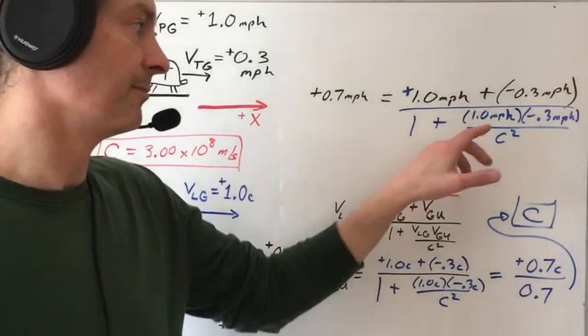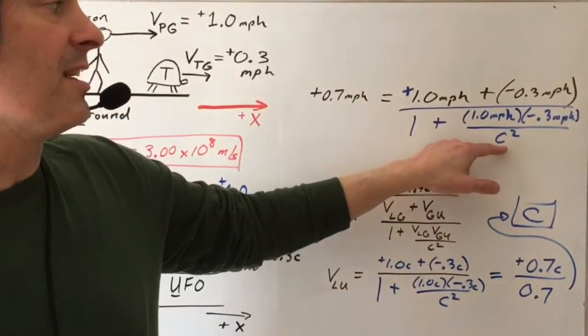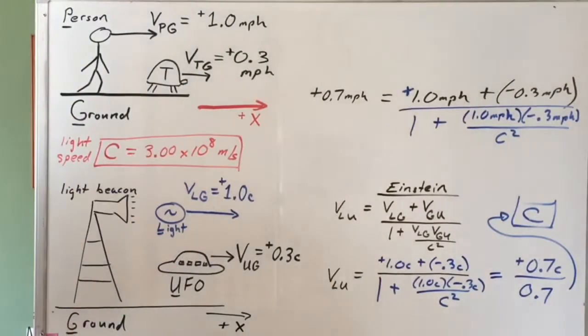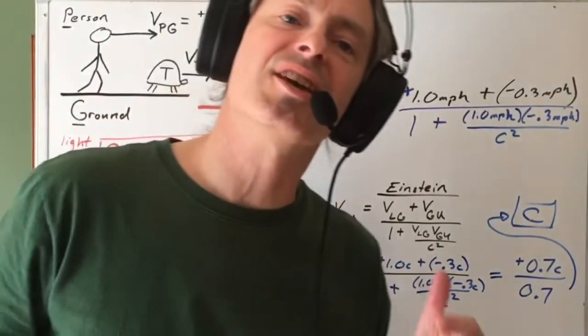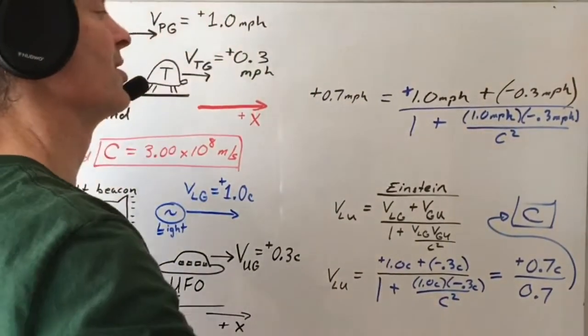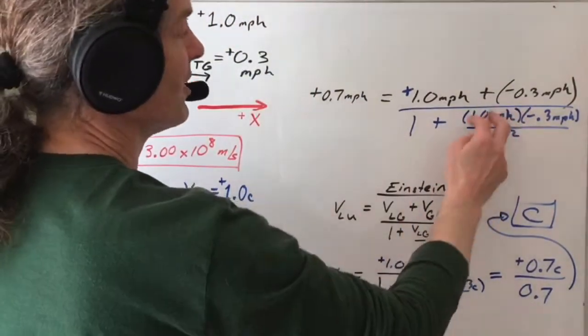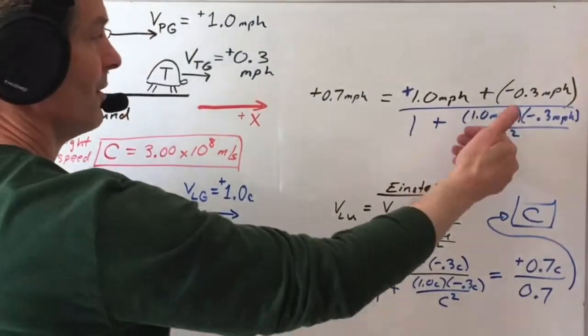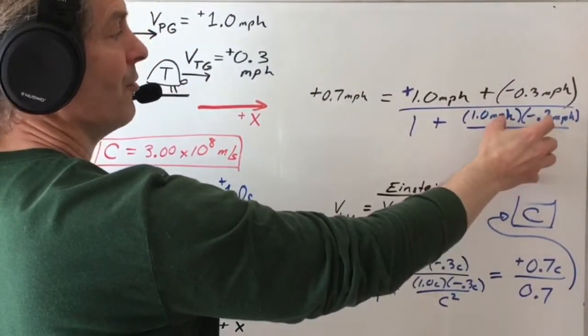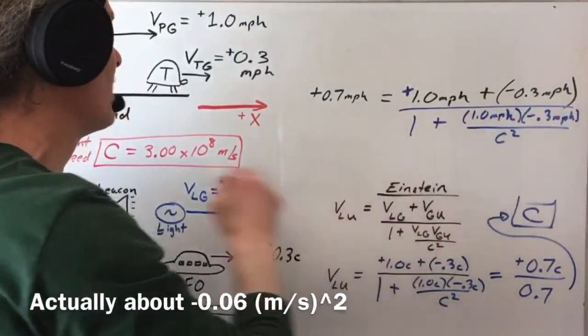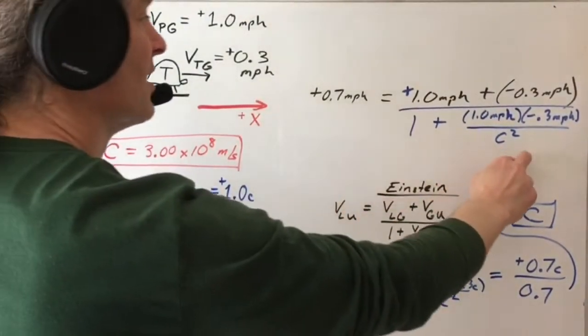Now, c is 3 times 10 to the 8th meters per second. If I square c, I'm going to have 9 times 10 to the 16 meters per second squared. I could convert these to meters per second if I want. That's just going to be a few meters per second. So I've got a few meters per second squared divided by 9 times 10 to the 16th meters per second squared.